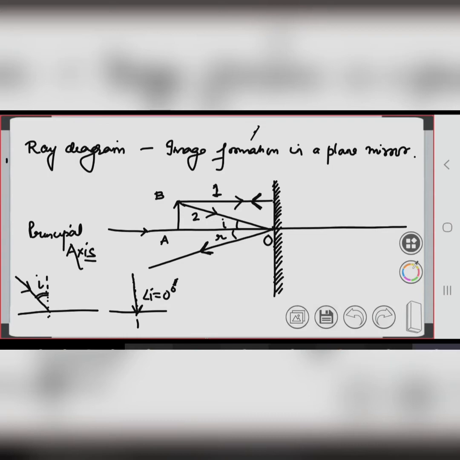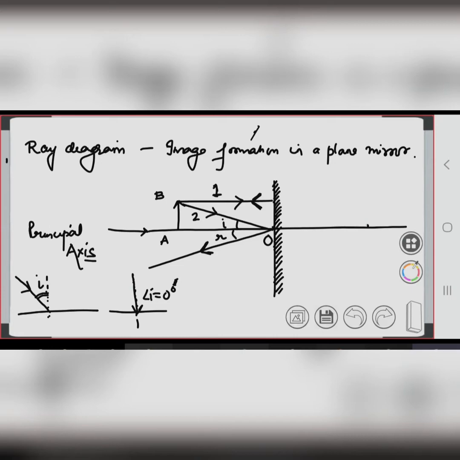Now, would these rays meet anywhere in front of the mirror? We have already discussed the technique of ray diagram, that wherever these rays meet after reflection from the mirror, that would be the point where the image will be formed.